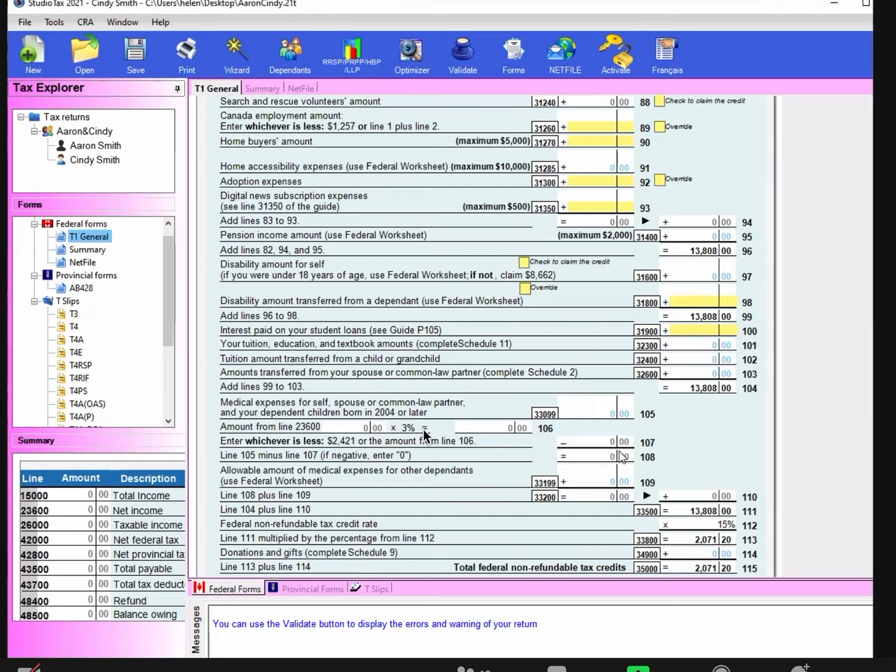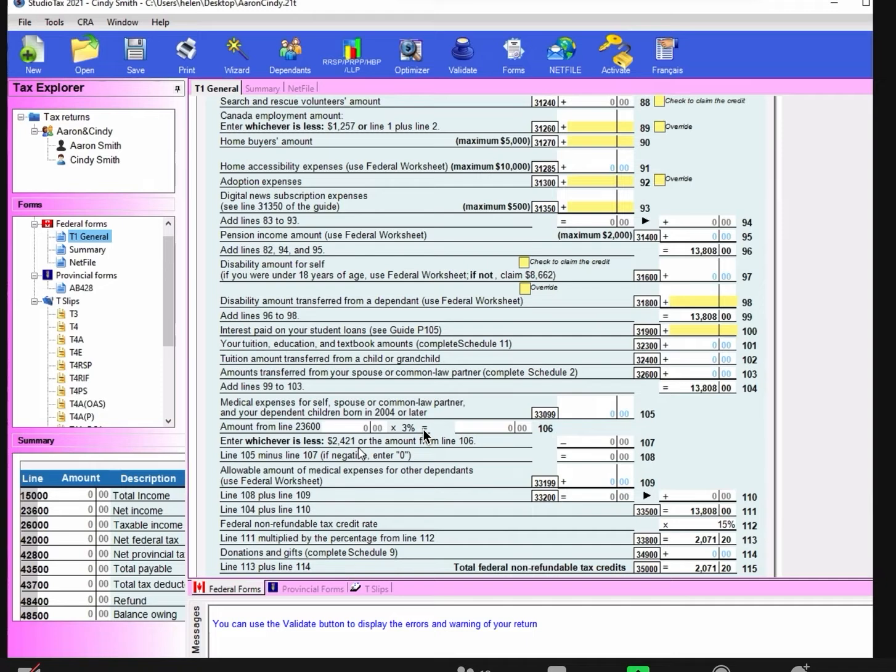That means they subtract 3% of your net income. But if 3% of your net income is more than 2,421, then they just pick up 2,421. So if your net income is more than 35,000 something last year, you just take 2,421.